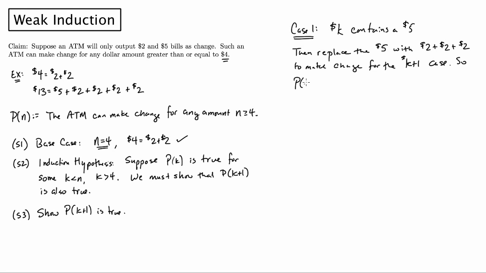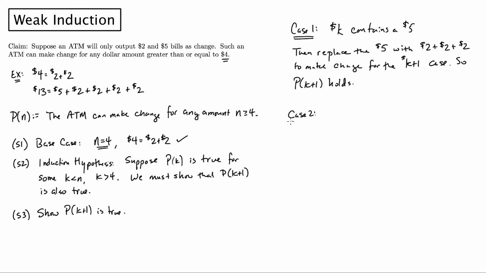So in this case, P of k plus 1 holds. If my k dollar return contained a 5 somewhere in there, then I can exchange one of the $5 bills for three $2 bills, thereby giving change for k plus $1.